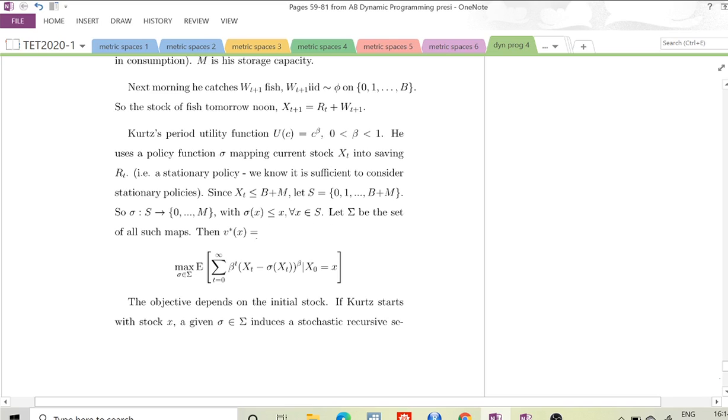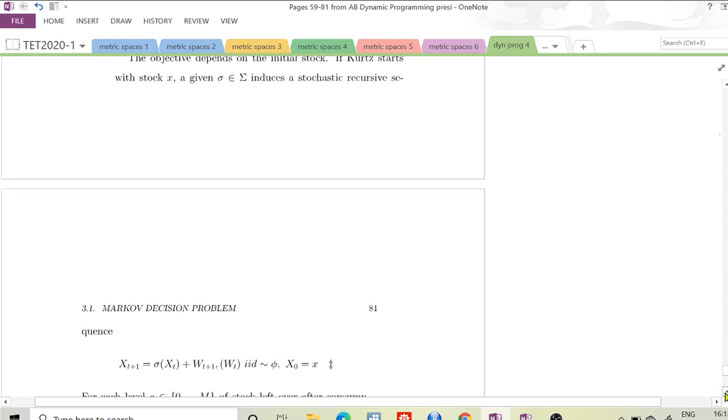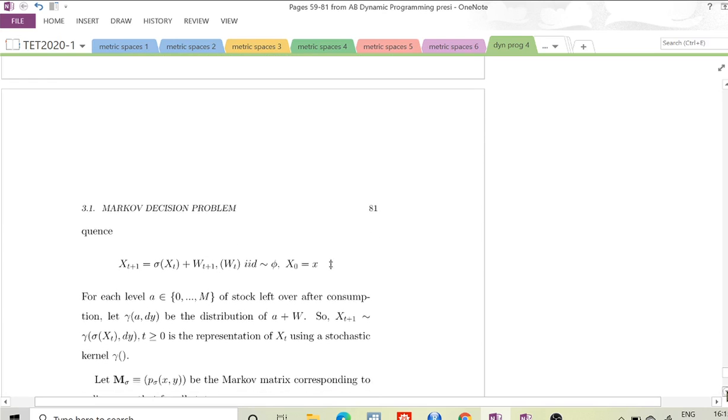Then v star of x, the value function we showed, will be the max across all these stationary policies of this discounted present value. So utility from consumption in period t is c_t raised to the beta. That's x_t minus what I store, my consumption, raised to the beta, discounted by rho to the t. And I maximize this subject to the evolution of the state variable, the fish.